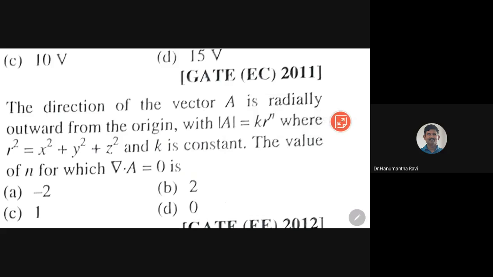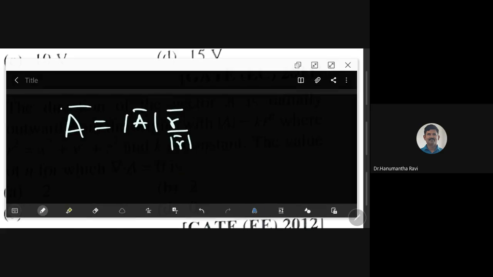Again, we'll just look at the problem. Modulus of a is k r power n. Yeah, good. Modulus of a bar is k r power n. So this is nothing but k r power n times r bar by modulus of r.